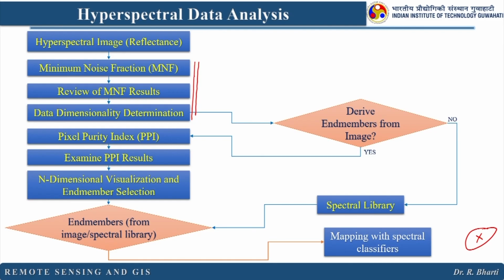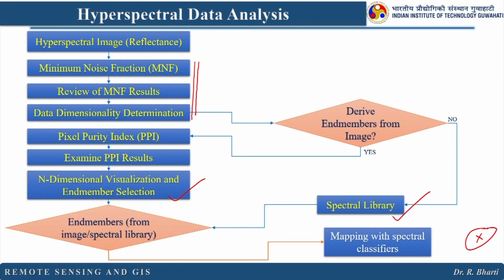Then we have two options. First one is to derive the end members from the image. The second option is to use spectral library spectra as end members, right.